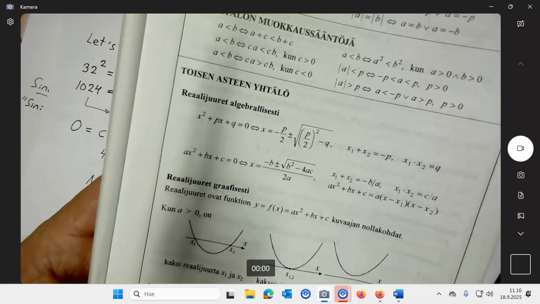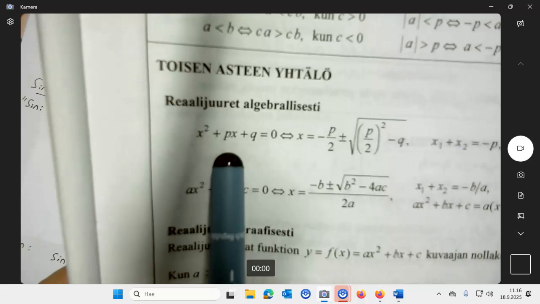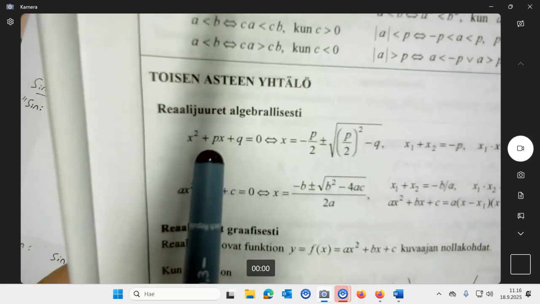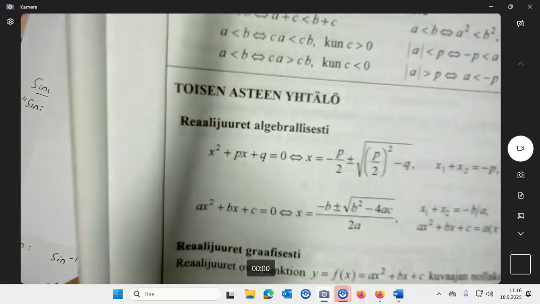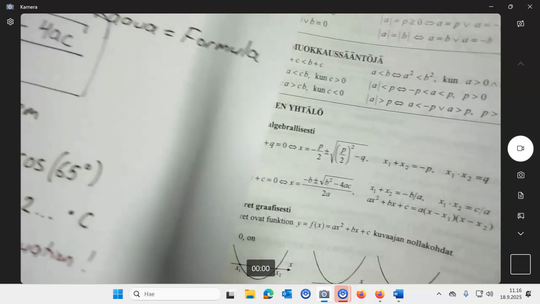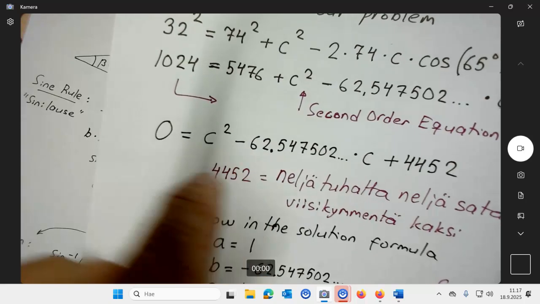Yes, in this formula, this B means the number in front of x. So, for example, in our problem, the B is this minus 62.